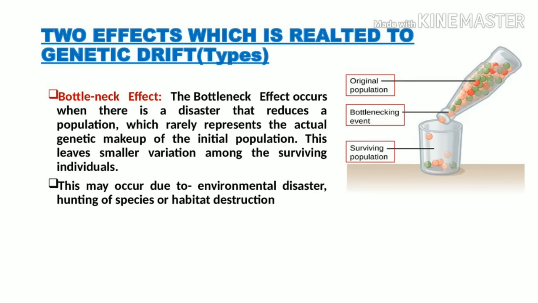Whatever ball we get into the second container, that is the glass, is totally by chance. Whenever you invert the bottle, there may be different chances for different types of balls, either orange, red or green. So the bottleneck decides which particular ball comes out into the glass.